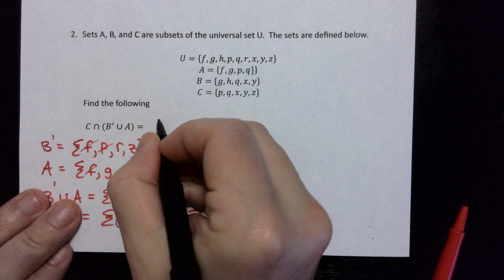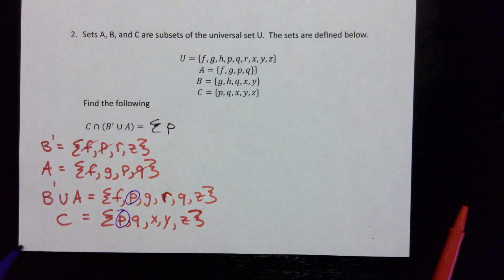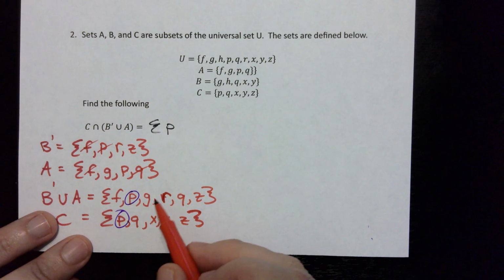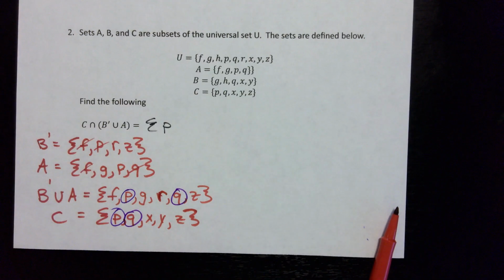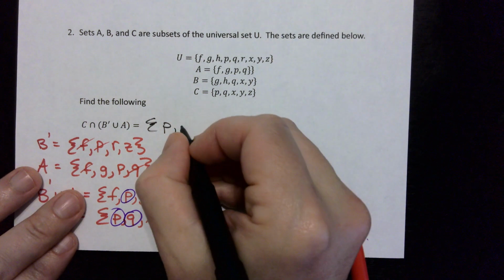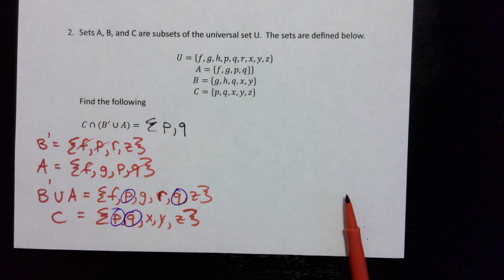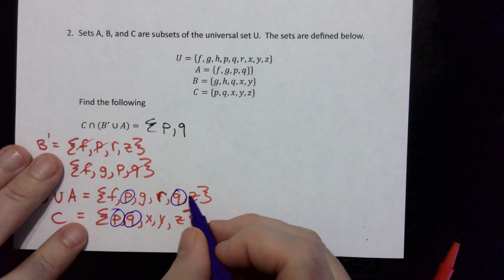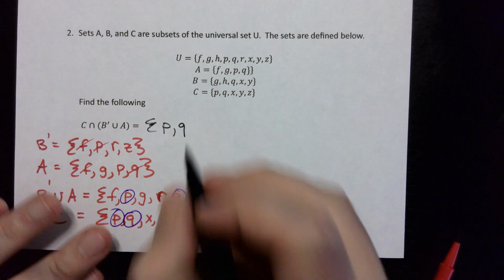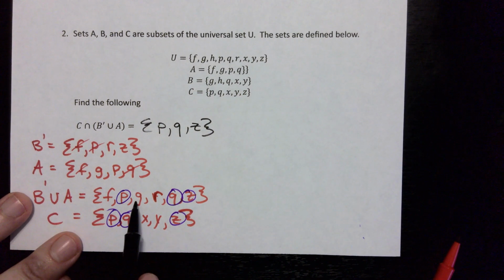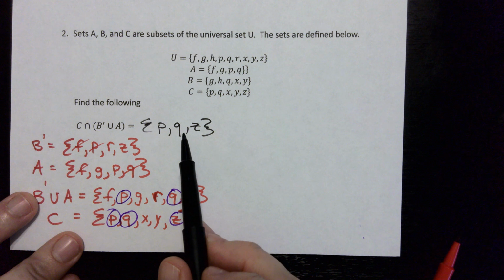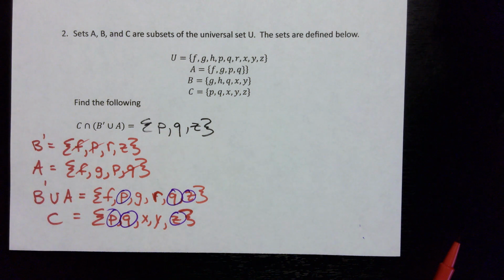Let's write P. The Q is in both, so we'll write it down. What else? A Z. Anything else? F is not down here, G is not down here, R is not down here, X is not up here, and Y is not up here. So this is it: P, Q, Z. And that's our final answer.